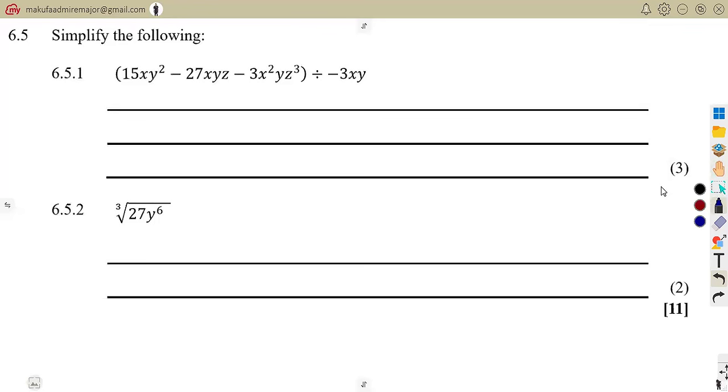So just like that. Simplify the following. We are given this whole bracket there.